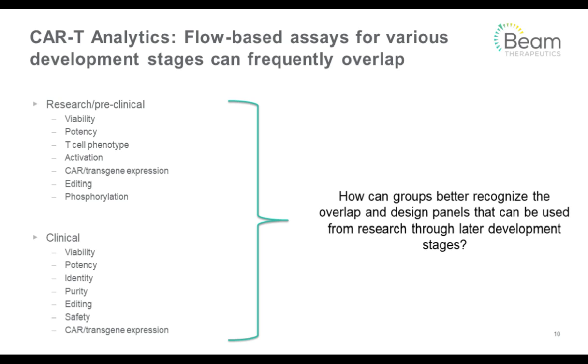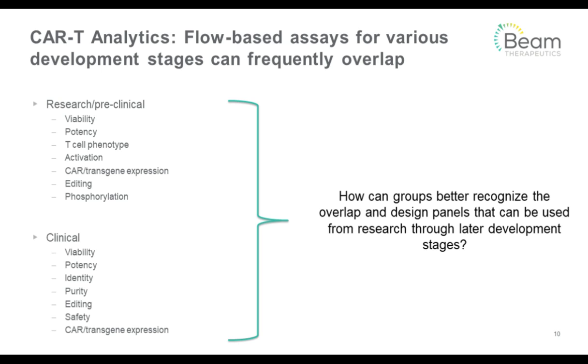For those of you that aren't as familiar with CAR-T analytics in particular, these flow-based assays for various stages can actually frequently overlap. So I've listed here on the left some various panels or assays that are frequently run within CAR-T analytics research or preclinical groups, whether it's viability, potency, phenotype, activation, editing for gene-edited products, phosphorylation, depending on your technology.